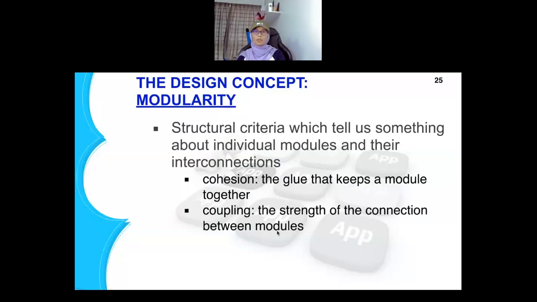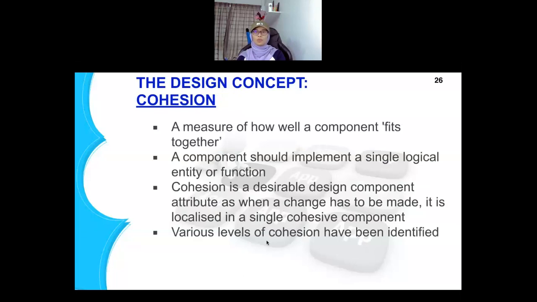So for modularity, we have two interconnections: cohesion and coupling. Cohesion is the glue that keeps a module together, while coupling is the strength of connection between modules. So this is also breaking into modules. Cohesion is a measure of how well a component fits together.